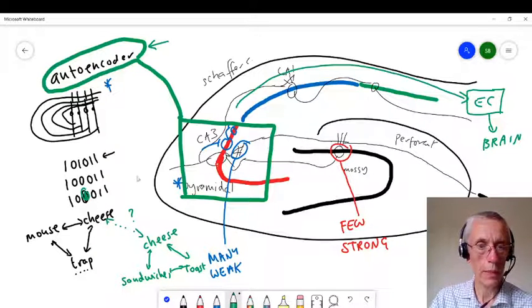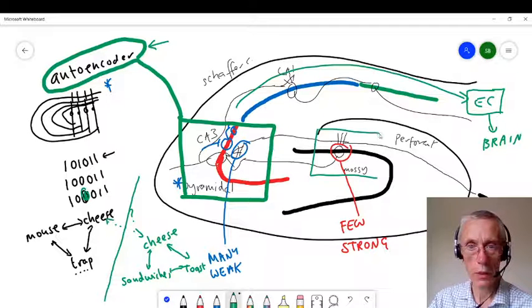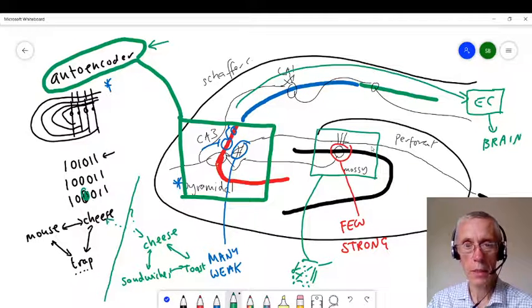We need to separate these out in some way, and that is the job of the dentate gyrus. What the dentate gyrus does is separate out the input space by taking in a small number of features and then multiplying them, distributing them across lots of different neurons, and then recombining them in different ways. So that's what, according to the Rolls model, the dentate gyrus is trying to do.